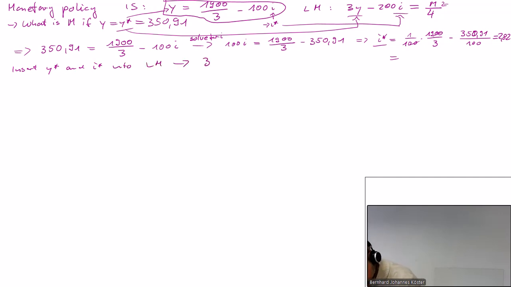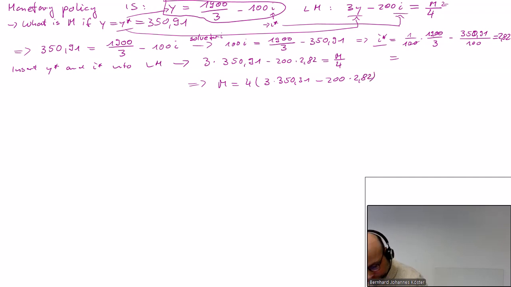This means 3 times 350.91 minus 200 times 2.82 is m over 4. So m equals 4 times (3 times 350.91 minus 200 times 2.82).